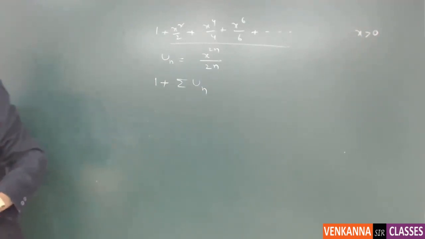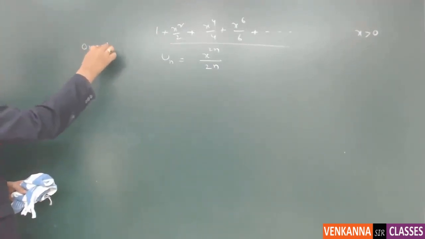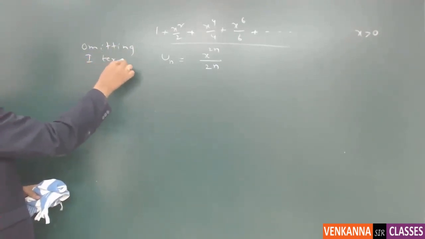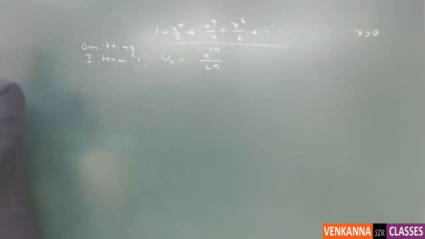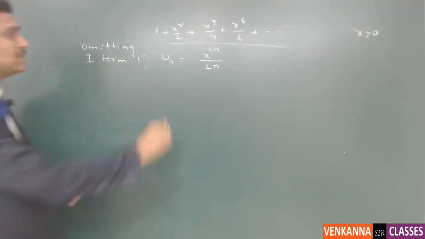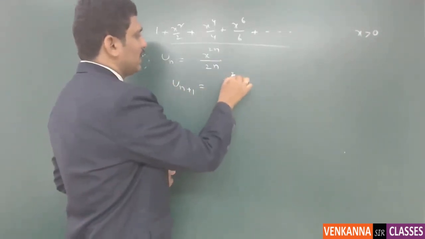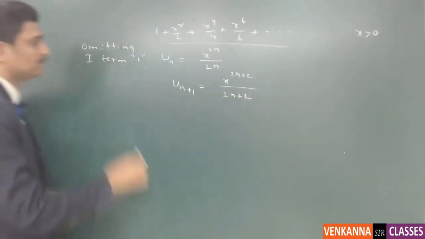So while writing on paper, we say that omitting first term 1, un is equal to x power 2n by 2n. Is this clear? Now the remaining procedure is as usual. So if you calculate un plus 1, this is equal to x power 2n plus 2 by 2n plus 2.